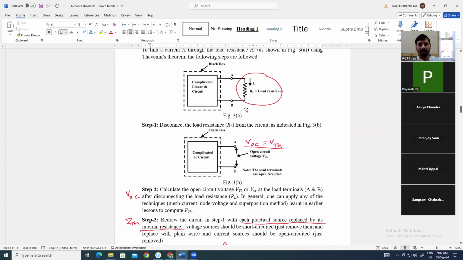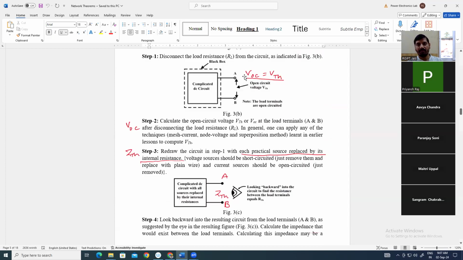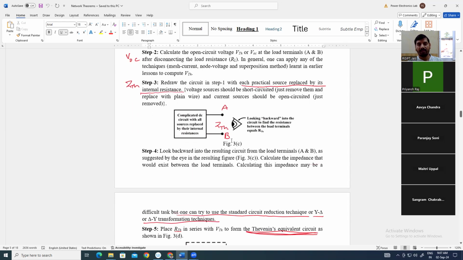So first procedure is to remove the load resistor connected in between the two terminals of any network, and then an open circuit is created, and we will evaluate the open circuit voltage, that is called Thevenin voltage. Then to evaluate ZTH, we will evaluate across these terminals only, and we will eliminate all independent sources by their internal resistance, and we will not touch dependent sources.